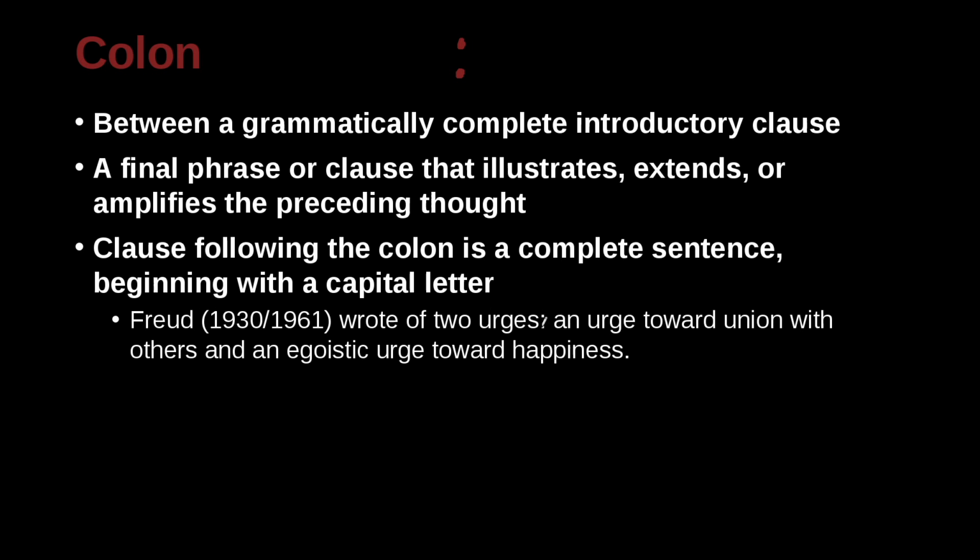This sentence is basically complete here. But now we're going to explain it a little bit more. So this is this idea of illustrate or explain it or extend it. So over here is our main idea. And then we're going to explain more. And we use a colon with that.